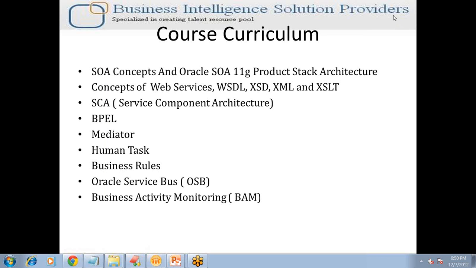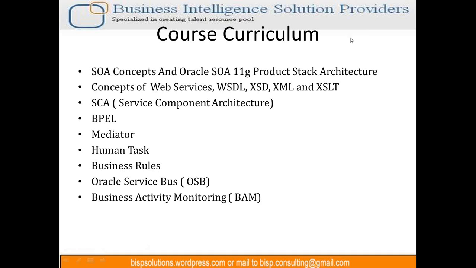SOA is an open source framework, and we will talk about what SOA actually is. We will not be vendor specific. We'll talk about the generic concepts of SOA.